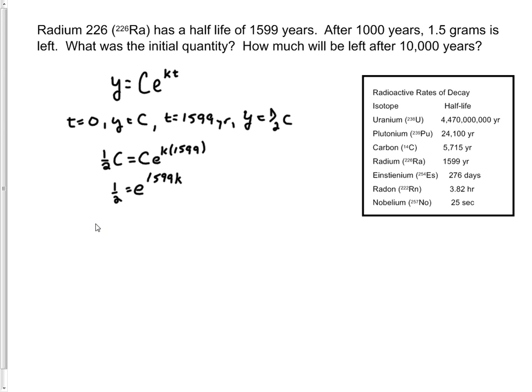All right, so how does that help us? Well, let's take the natural log on both sides. The natural log of 1/2 is going to equal 1,599k. And so, of course, that means that our constant k is going to look something like the negative of the natural log of 2, see my previous discussion, divided by 1,599.